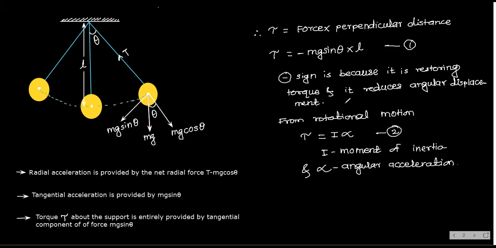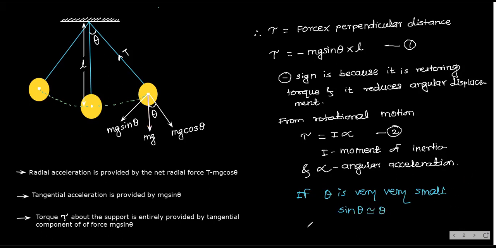Now, if theta is very, very small, because this angular displacement is very, very small, then can I treat that sine theta is nearly equal to theta?